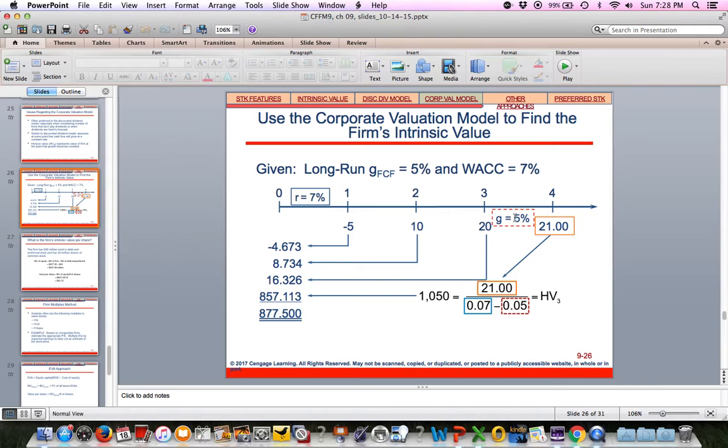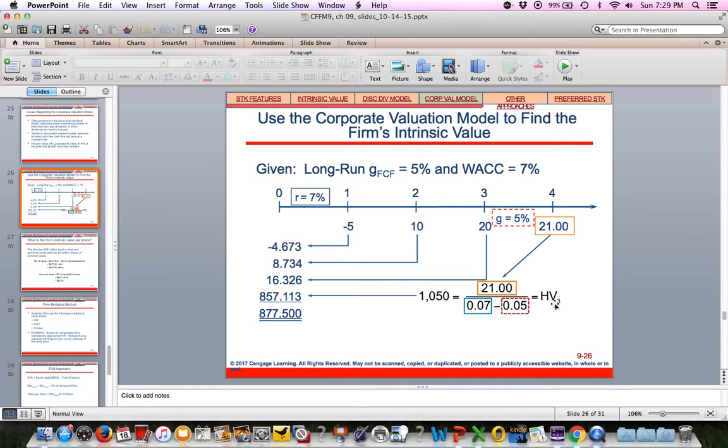And then years 3, 4, 5, and so on, I'm just assuming a constant growth. And I can put in my constant growth formula down here, which is exactly the same formula I used when I did my dividend model. I'm looking at what my P0 basically is 20, but then P1 the next year is 21, so 21 is my formula, and then my growth is 7 minus my required rate of return is 7 minus my growth of 5, and that gives me what my cash flow is.